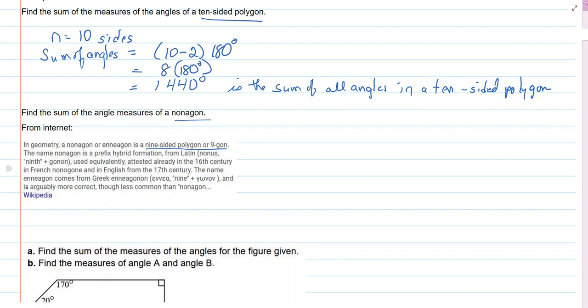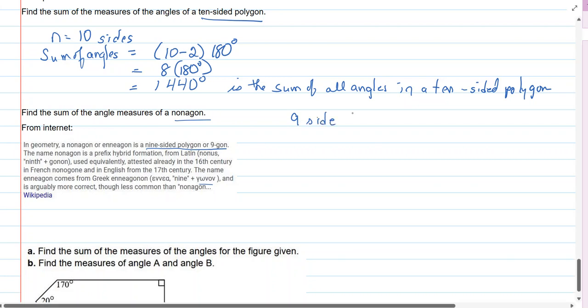The name enneagon comes from Greek, 9 plus gonon, and is arguably more correct, though less common. All right, so we have a 9-sided polygon.